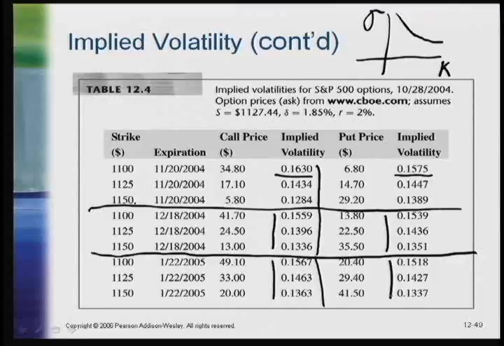You also notice that volatility for a given strike depends on T. We go from 1630 for an 1100 strike to 1559 for an 1100 strike a month later, to 1567 for an 1100 strike a month later. So over 3 successive months, a 1 month sigma, a 2 month sigma, and a 3 month sigma, you can see that there is what's called a term structure.